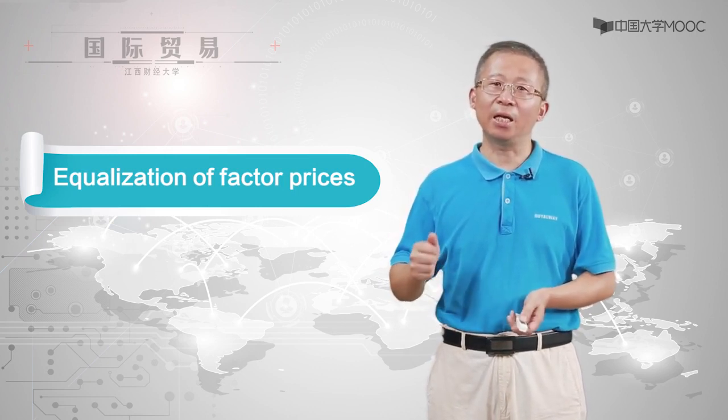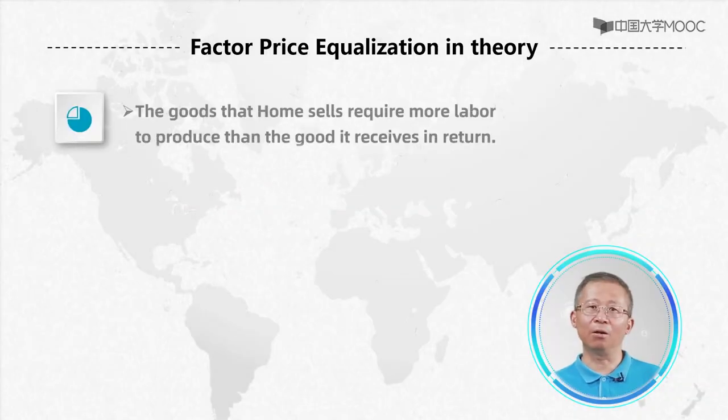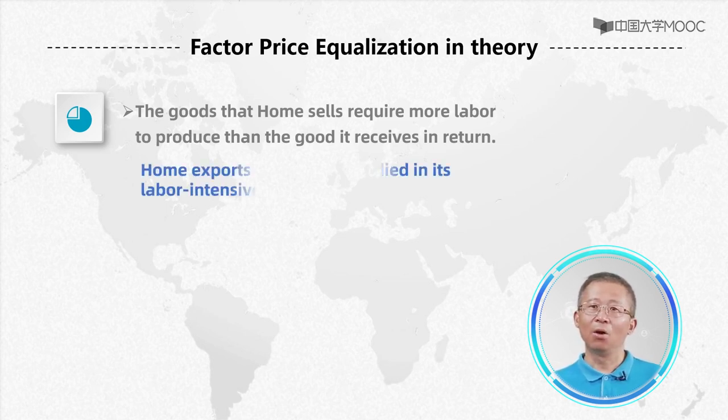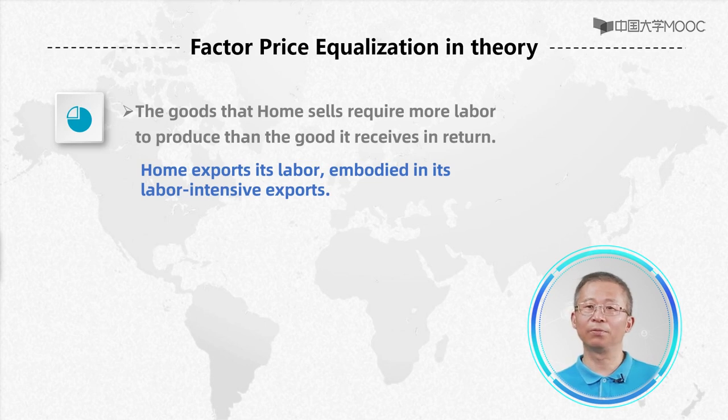We can understand it by another method. The goods that home sells require more labor to produce than the goods it receives in return. That is, more labor is embodied in home's exports than in its imports. Thus, home exports its labor embodied in its labor-intensive exports.